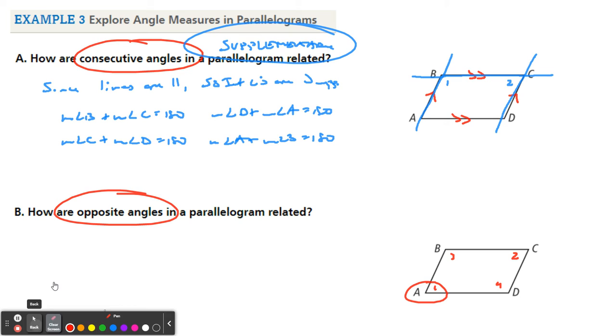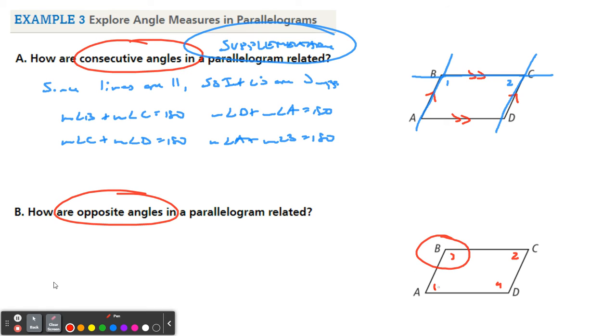So we talked about a theorem, and I'm actually going to focus on angle B. We focused on a theorem way back, topic 1, that if an angle is supplementary to 2 angles, then the 2 angles must be the same.